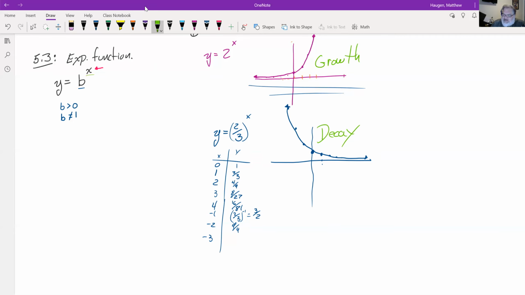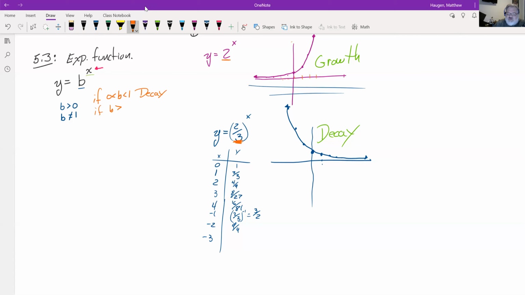And hopefully we can see what makes that distinction between a growth function and a decay for exponentials is whether this ratio is bigger than 1 or less than 1. If that base is between 0 and 1, then it's a decay. So we can even say, if b is greater than 0, but less than 1, then it's a decay.